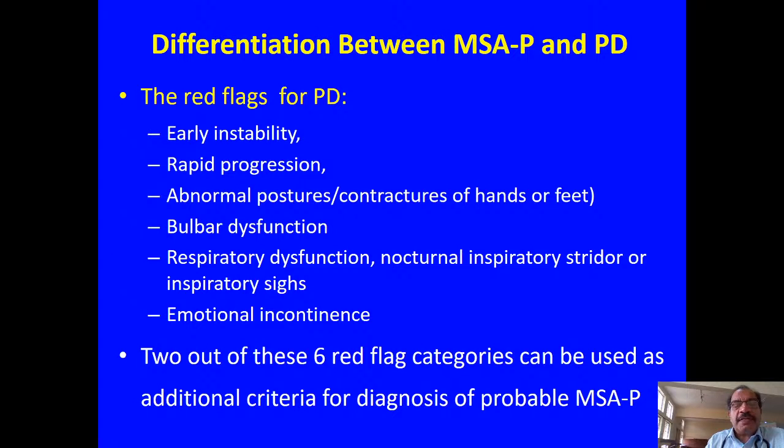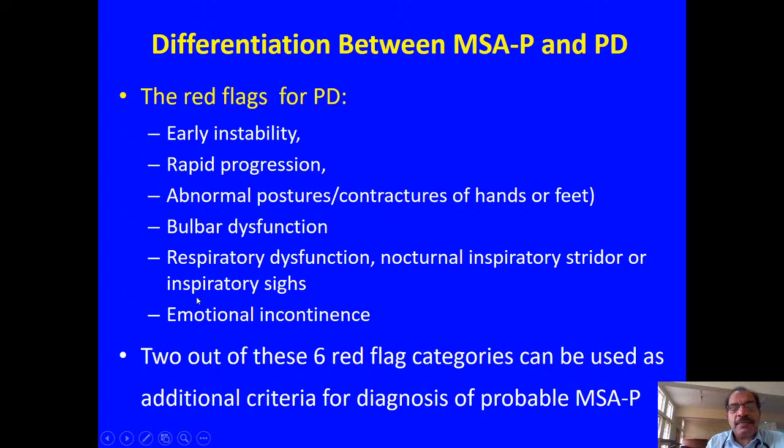If the patient has rapid disease progression again, and bulbar dysfunction like dysarthria, dysphagia is coming early, again it suggests MSA. If other autonomic abnormalities are coming very early, again it is suggestive of MSA, not Parkinson disease. Various abnormalities like respiratory dysfunction or stridor, etc. may come very early.